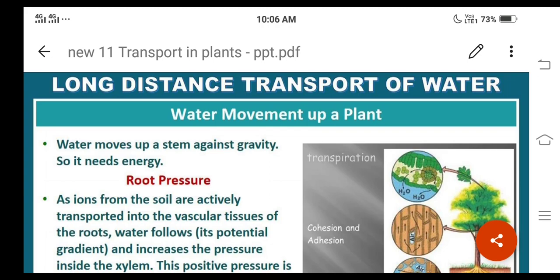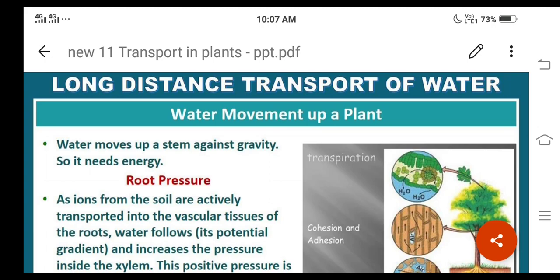To understand how the water moves upwards in the plant, we are going to study two important processes: one is called the root pressure and another is called the transpiration pull. These two concepts will help us understand how water movement up a plant occurs. Let us understand the first one.